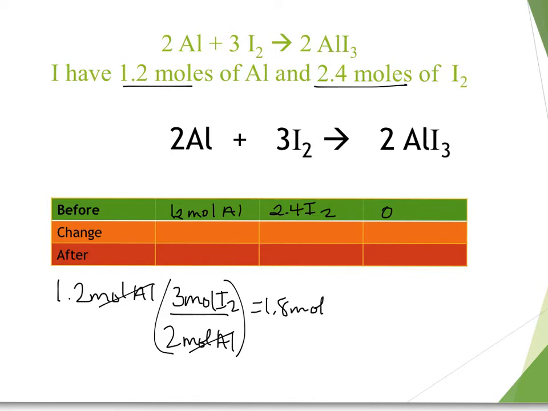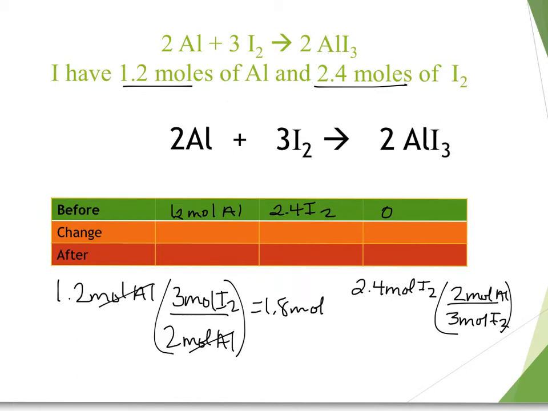And then, since you know that 1.8 is less than 2.4, you know that your limiting reactant has to be your aluminum, because it's not going to use up all of the iodine. Right? Now if you did it the other way around, just in case the first thing you try is actually your excess, you're going to have 2.4 moles of iodine, which is going to be 3 moles of iodine to 2 moles of aluminum.